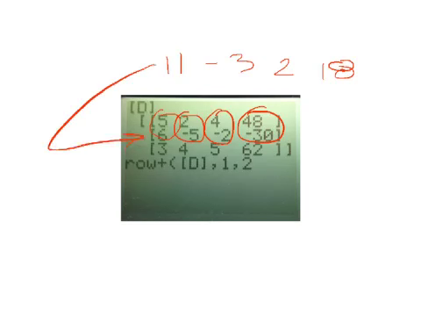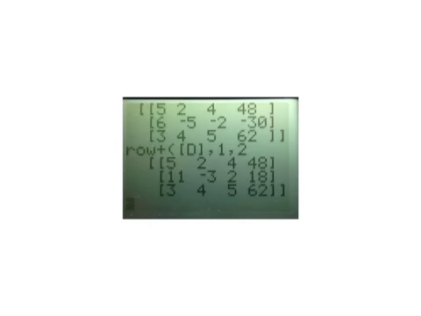And this result should be put in to the second row and replace what is there now. And there it is. 11, -3, 2, and 18. Again, that's the result of adding these two rows together, and whatever that sum is replaces row 2, goes into that spot.